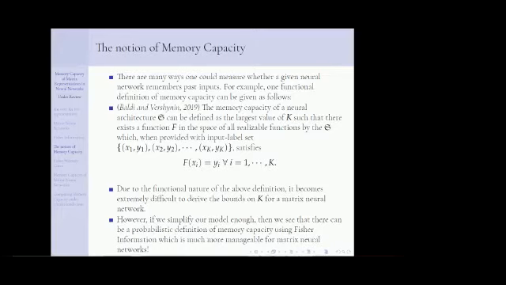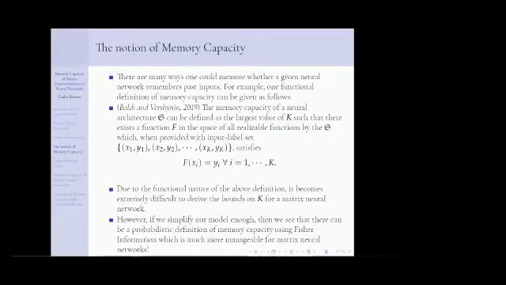It will turn out that under some circumstances, the probabilistic definition that we will introduce is much more manageable than a functional definition for matrix neural networks. Actually, the notion of probabilistic memory capacity is a lot simpler for vector neural networks.